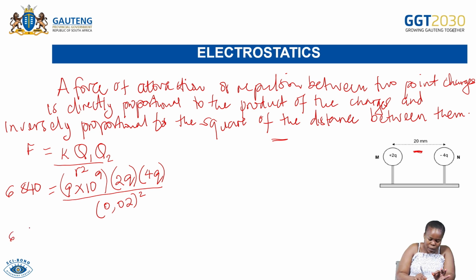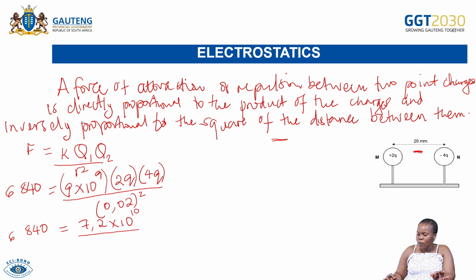We still bring the 6,840, and then we say equals to 9 times 10 to the power of positive 9 multiplied by 2 multiplied by 4, which gives us 7,2 times 10 to the power of 10. And then divided by 0,02 squared. This is going to give us what?